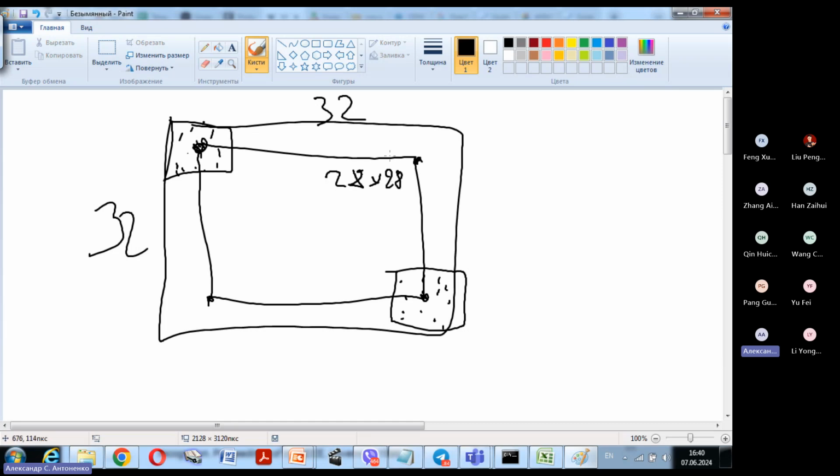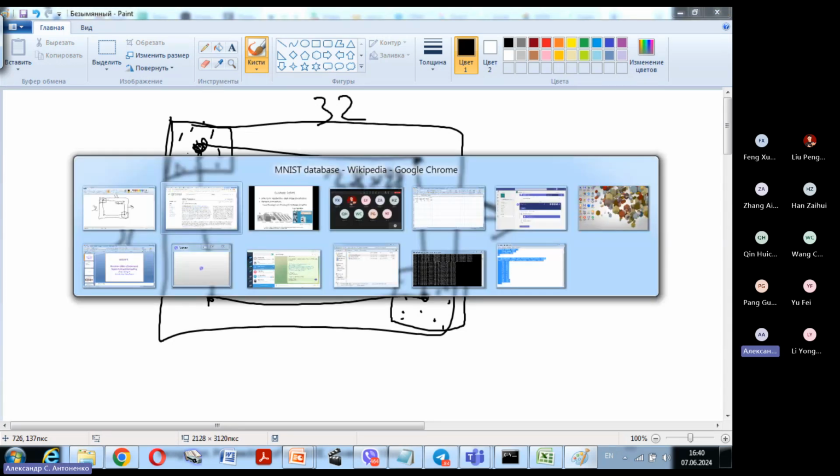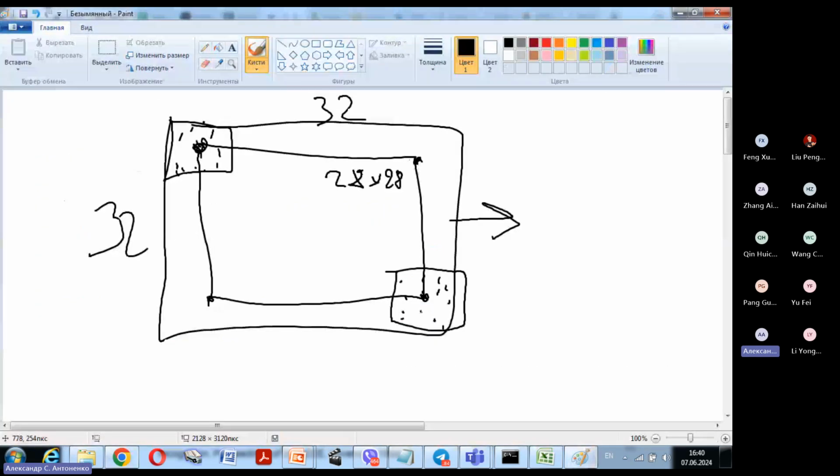Because of this, after applying this filter, we obtain not a 32 by 32 matrix, but a 28 by 28 matrix. We will talk about it when we talk about convolutions.